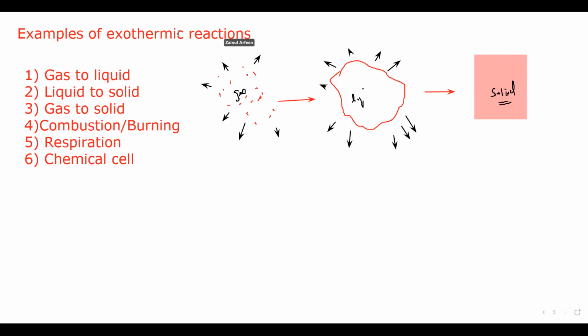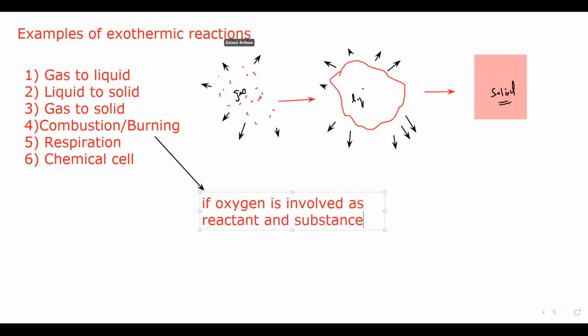Same with combustion. How will you identify whether a reaction is combustion or burning? If oxygen is involved as a reactant, and the substance is burned, we call that reaction a combustion reaction.